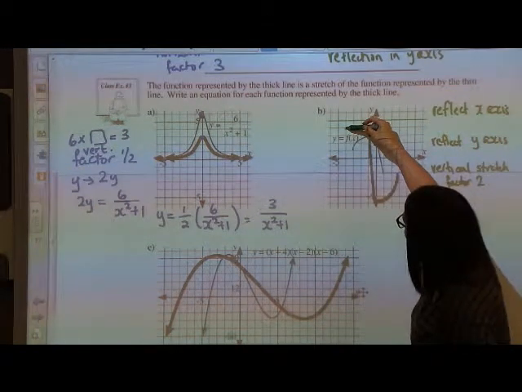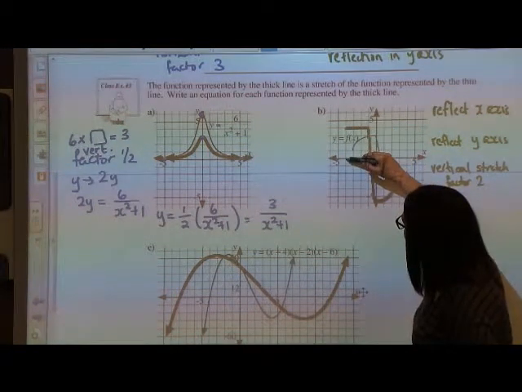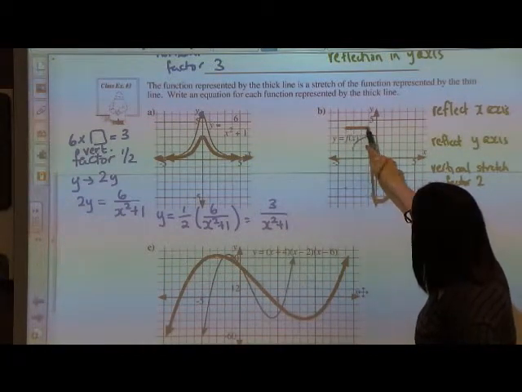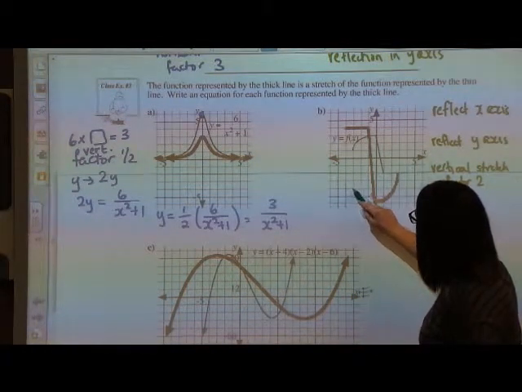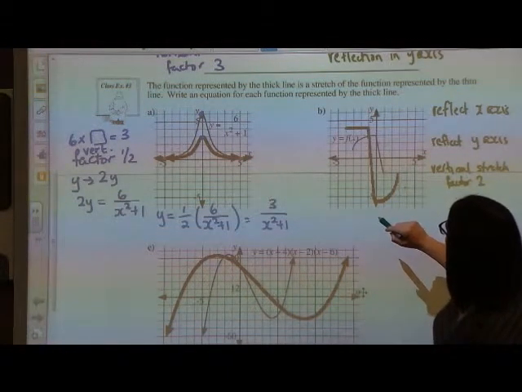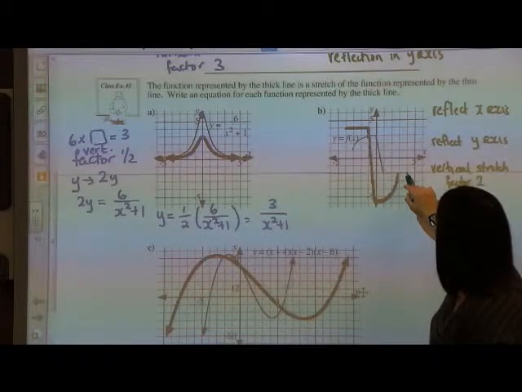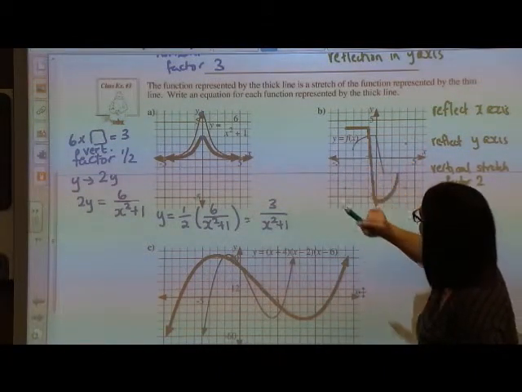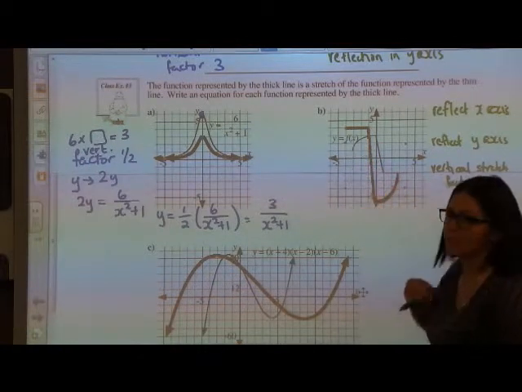If I reflect this down 4 to 4, and then I reflect it this way, so it gets reflected another 4.